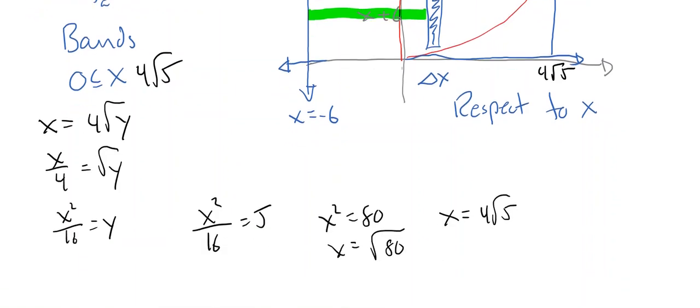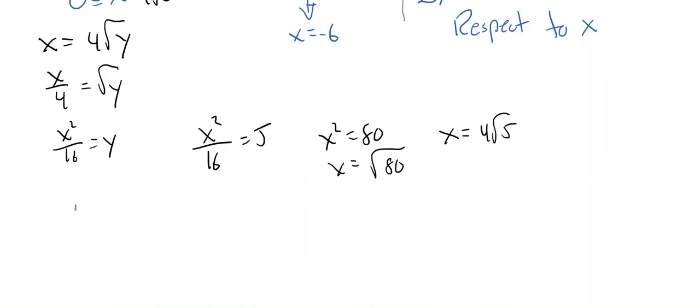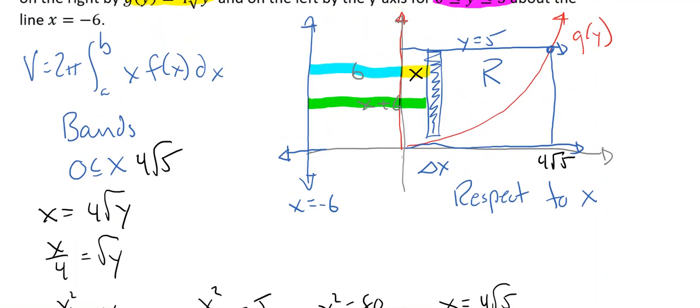So let's put that down. We have a radius now of x plus 6. And then we need to find the height of the rectangle. So the height of the rectangle, I'll do that in purple, here's the rectangle. The top of the rectangle is at y equals 5.